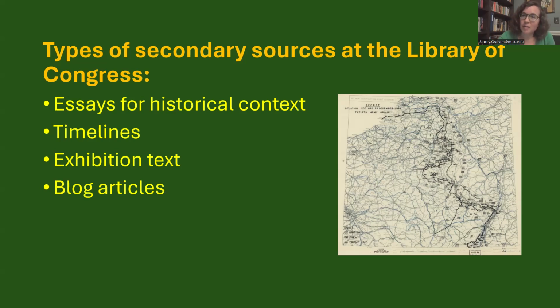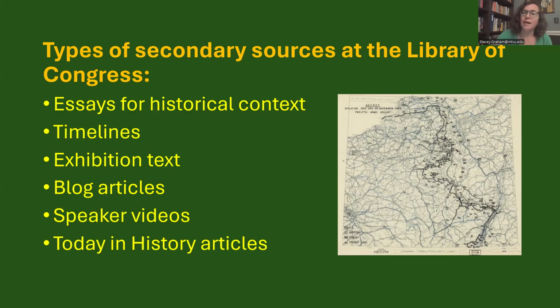Blog articles from the Library of Congress's blogs. Speaker videos when the Library of Congress hosts guest speakers at their events or when it films one of their librarians talking about a different topic. These are usually available online for free through their website. And things like Today in History articles, which are very short, very easy to read, and very accessible for students as well as the general public.